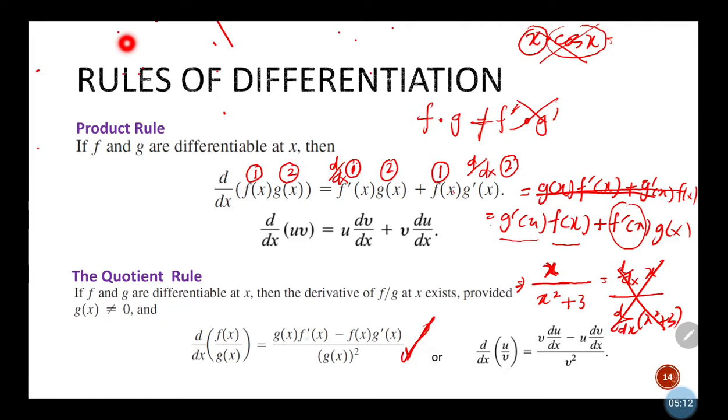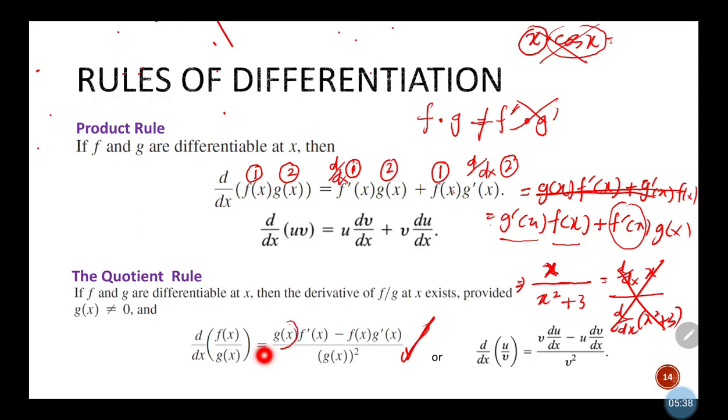So the formula of the quotient rule is g(x) f prime x minus f(x) g prime x, over g(x) square. For the product rule we can swap the order, putting g prime x first then f(x), or f prime x first then g(x), which is fine. But for the quotient rule, no, you have to follow the rule.